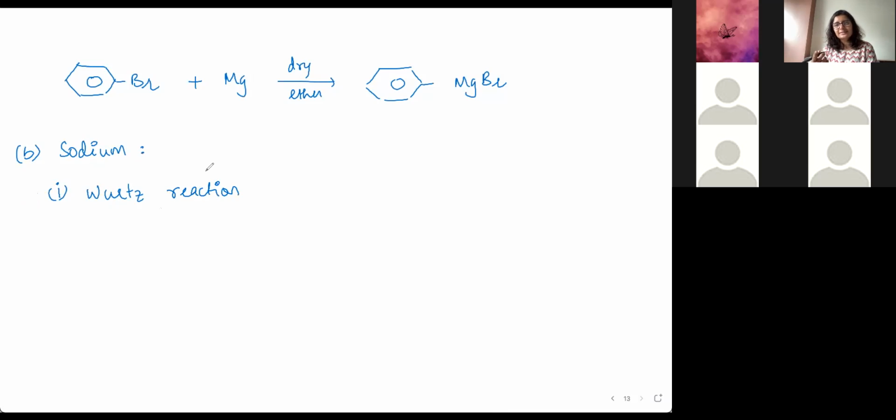Soda lime, yes, you heat haloalkanes with soda lime, you get alkanes. That's a method of preparation of alkanes. But Wood's reaction is when you heat this with only sodium. So RX plus Na in dry ether again.